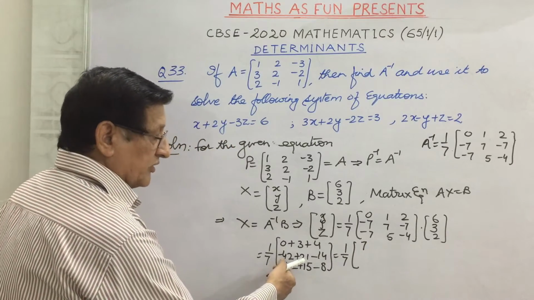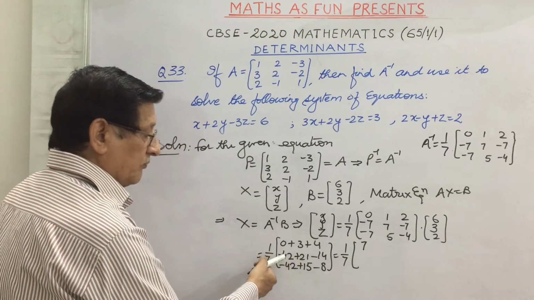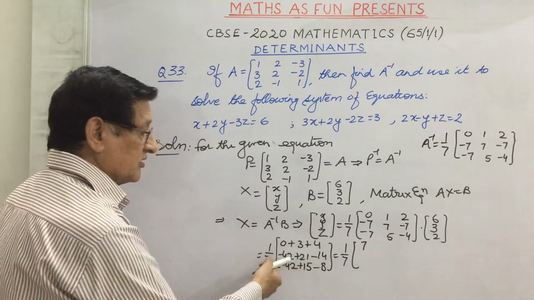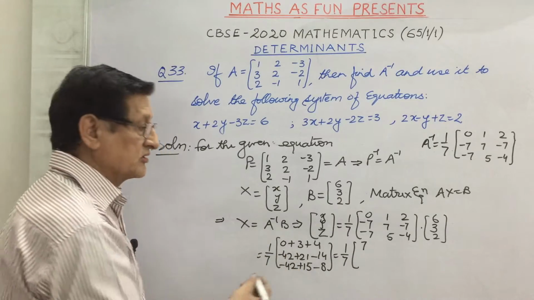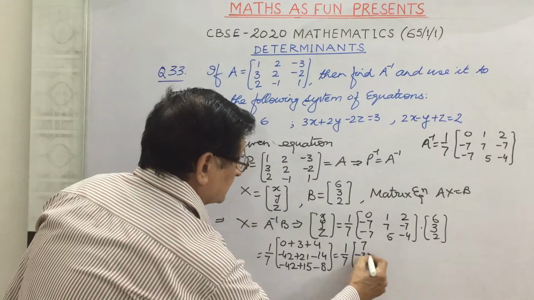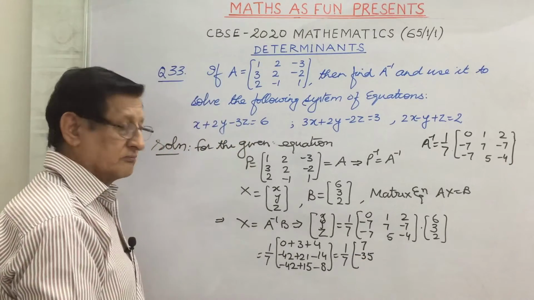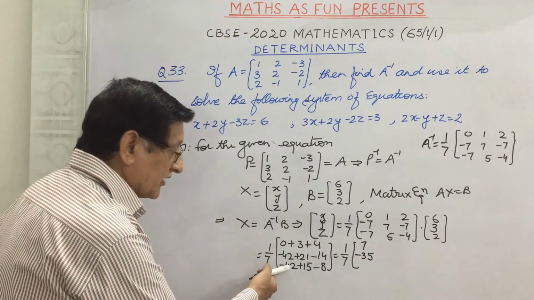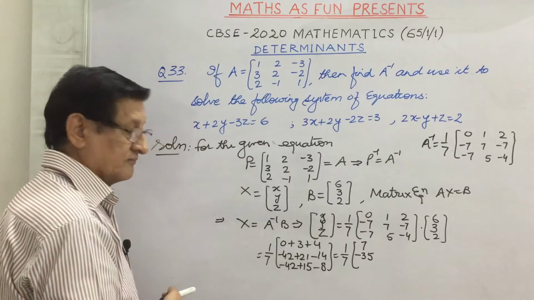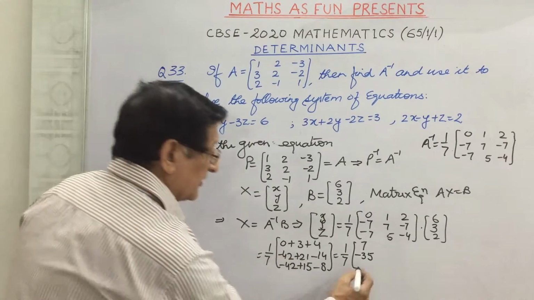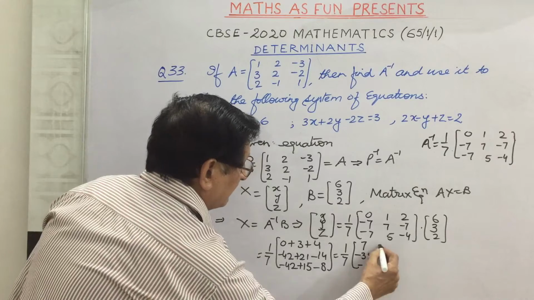This is 21 is positive, 42 and 14, 56. 56 minus 21 is 35. So this comes as minus 35. Then comes minus 42 and 8, minus 50. Minus 50 plus 15 is also minus 35.